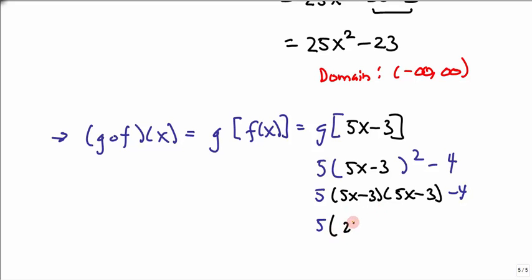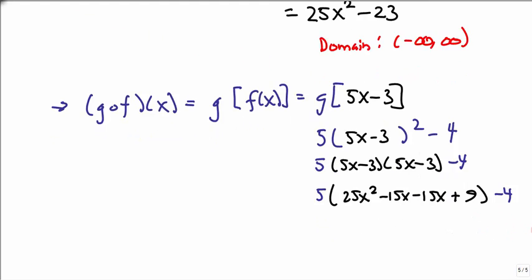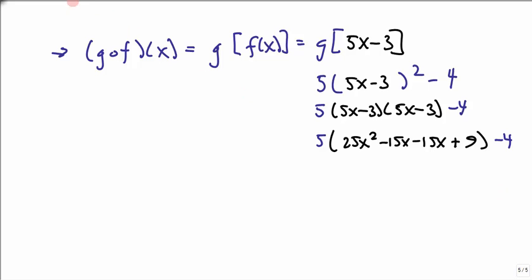So 5x times 5x is 25x squared. Outsides would be minus 15x. Insides would be a minus 15x. And last would be a plus 9. And then the minus 4 is on the outside. So we could simplify 25x squared minus 30x plus 9, and then minus 4.